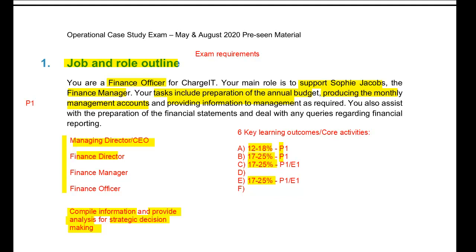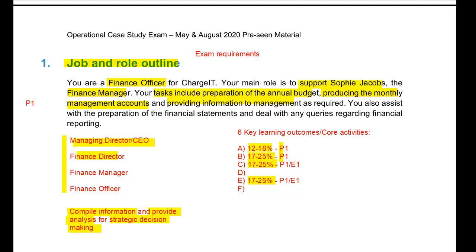These two key learning outcomes reinforce once again the dominance that P1 has within this exam, and the importance of brushing up on theory throughout the breadth of this syllabus. But it also highlights the importance of brushing up on your theory from the E1 syllabus.